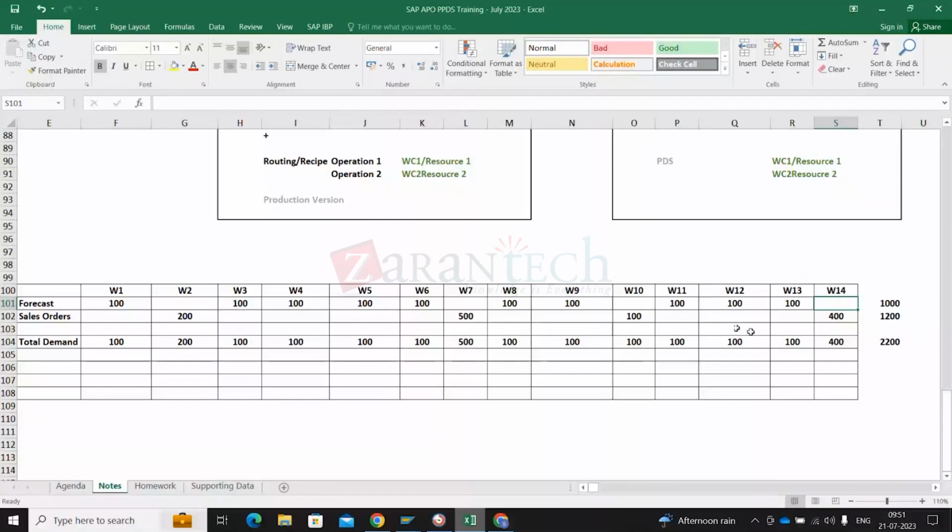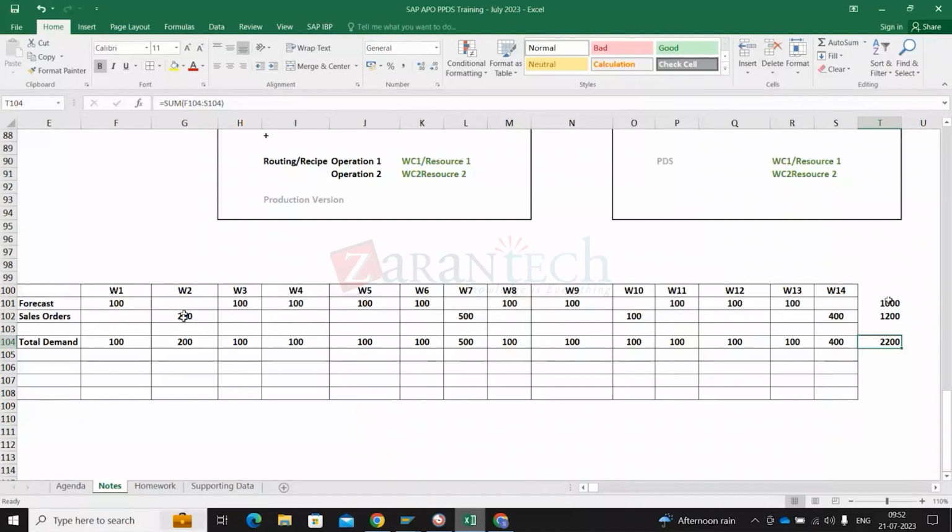This is the thing. So what happened finally, even if I consume the forecast by the sales order, I am still planning 2200, whereas originally I planned for 1400 only. Remember, the original forecast was 1400. So to avoid this and to also avoid the intermittencies, we apply some kind of logic which is called backward and forward consumption.